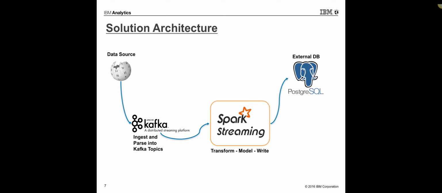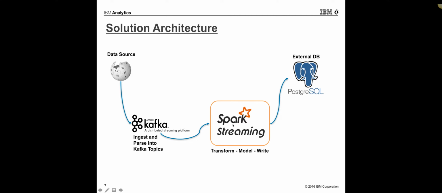Well, we're going to basically pipe them. First, we have our data source from Wikipedia. Wikipedia is sending out a stream in real time of data, and we're going to draw that into Apache Kafka. Kafka is going to parse that data a bit, form it and publish it into topics that can be subscribed to.